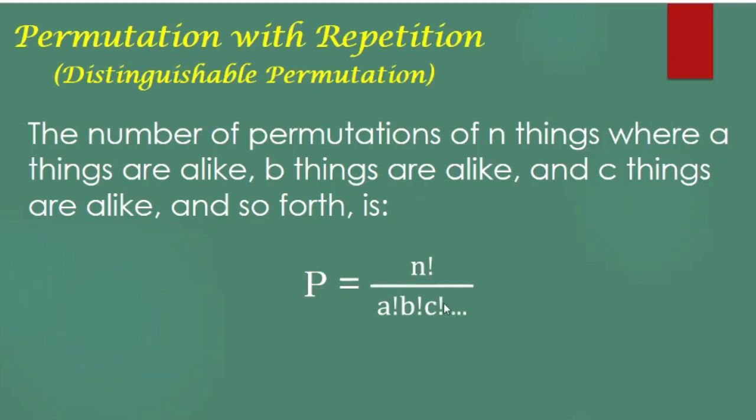Our formula for permutation with repetition, or distinguishable permutation, is P equals n factorial all over a factorial times b factorial times c factorial and so on and so forth. These three dots indicate infinity. So let us apply this formula in order for you to easily understand what the problem is all about.